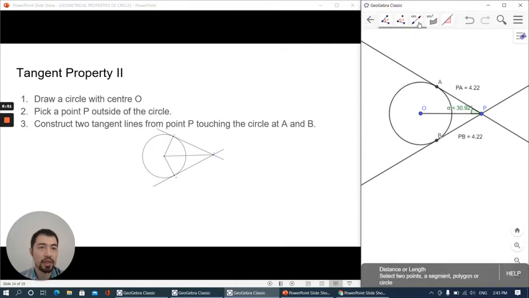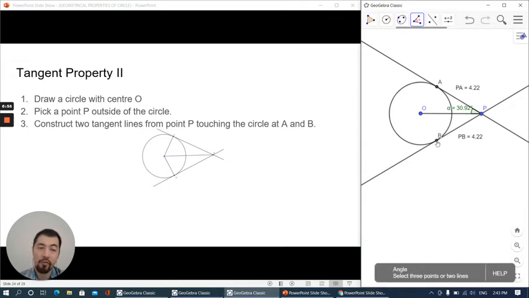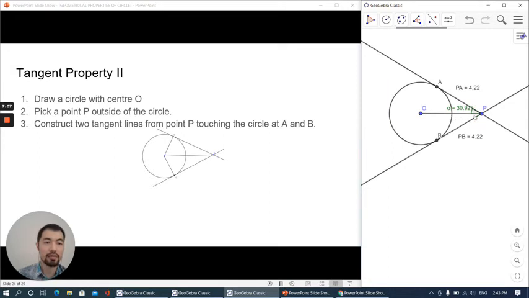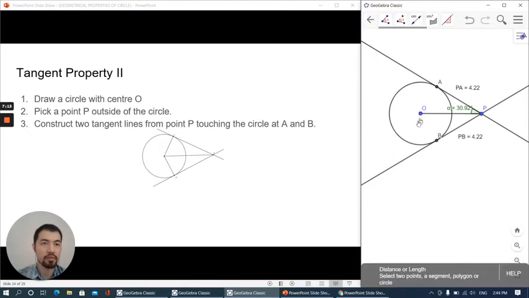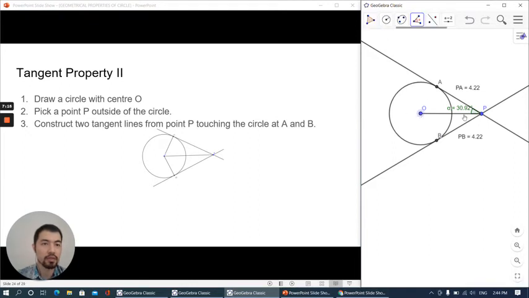How about BPO? Anyone want to guess? They could be equal. Let's try that. And yep, they are equal.